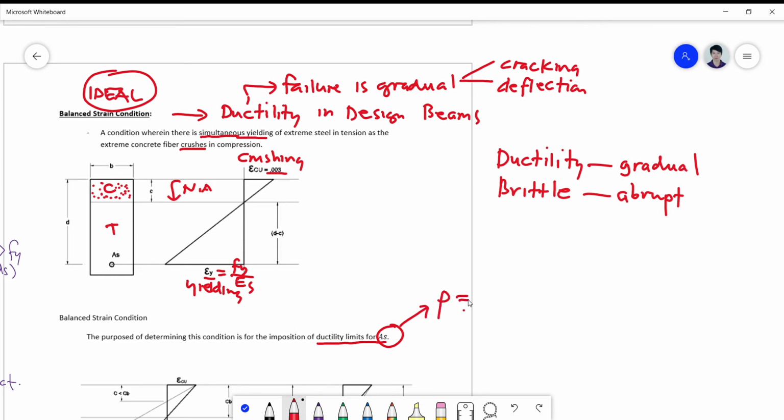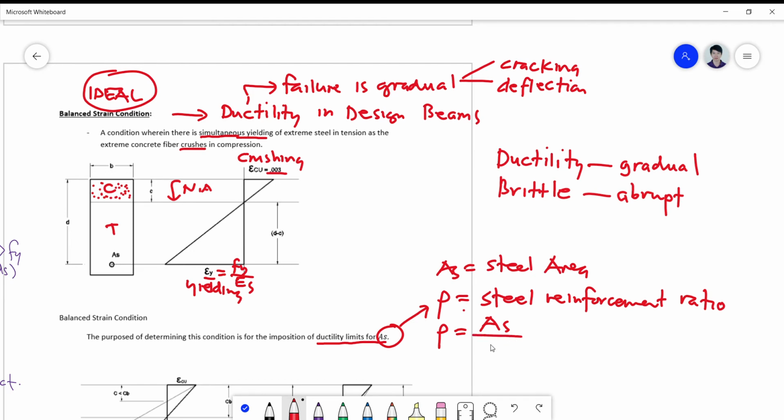As is the steel area, and rho is simply the steel reinforcement ratio, which is given by As over the effective area of concrete.